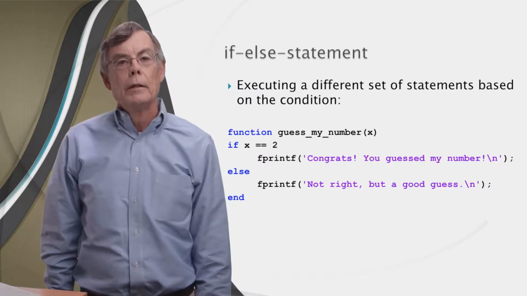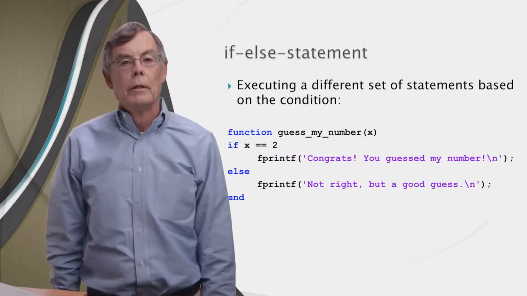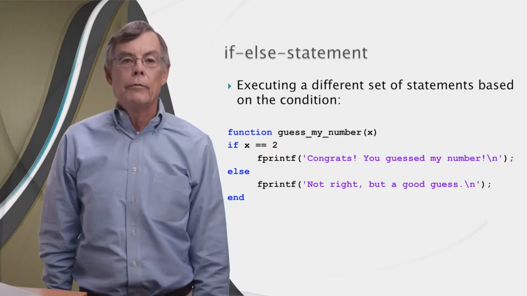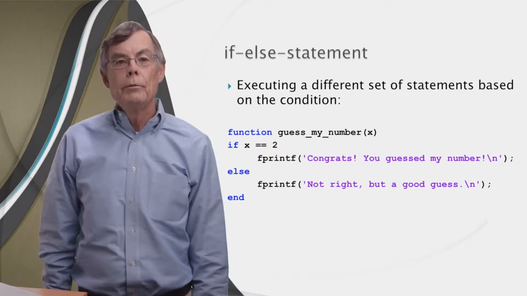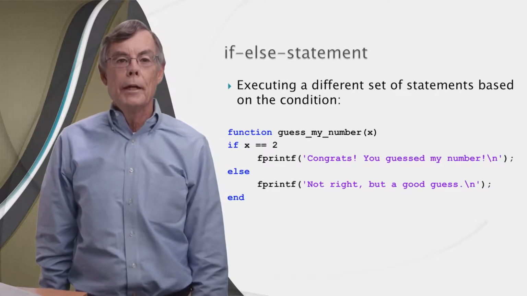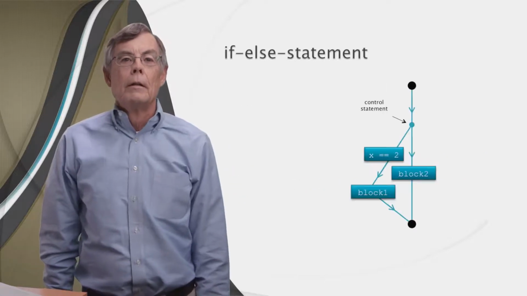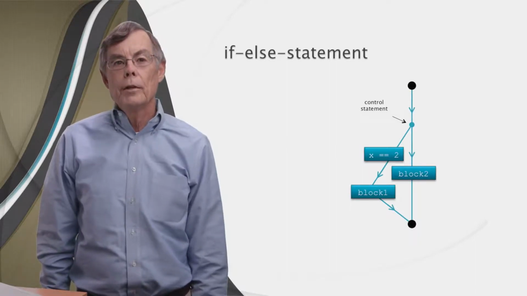And second, it signifies the beginning of the block of code that needs to be executed when the condition is false. This new statement is called an if-else statement. As you can see, our new and improved guess my number function prints out an encouraging message if the user's guess is wrong.